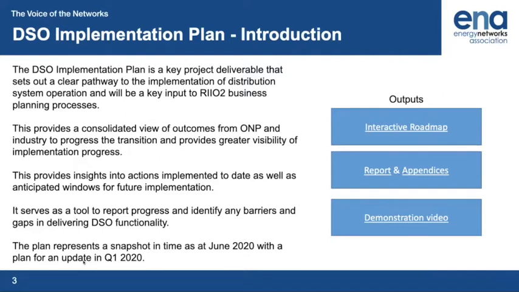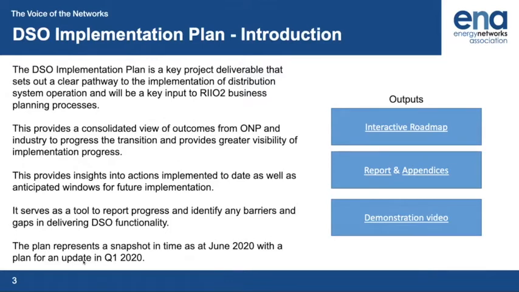The implementation plan provides insights into actions implemented to date, as well as anticipated windows for future implementation, and serves as a tool to report progress and identify any barriers and gaps in delivering DSO functionality.